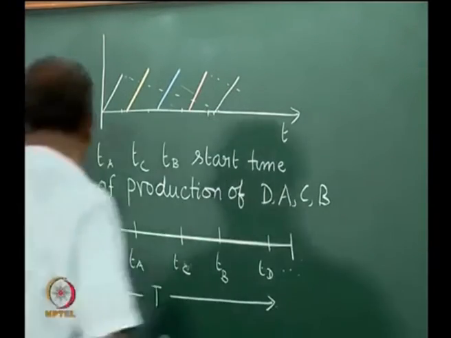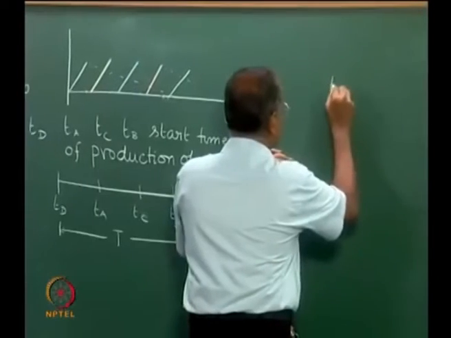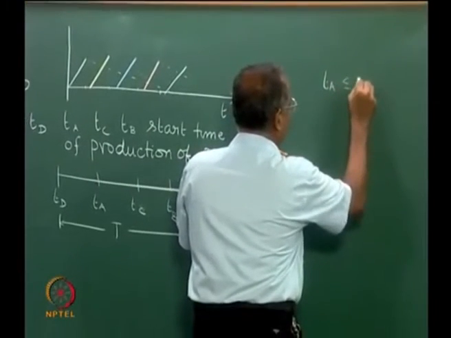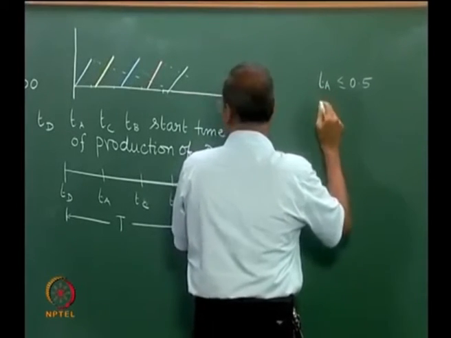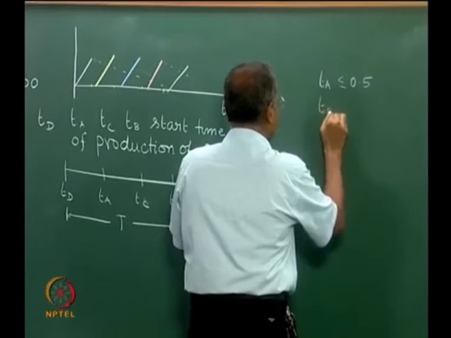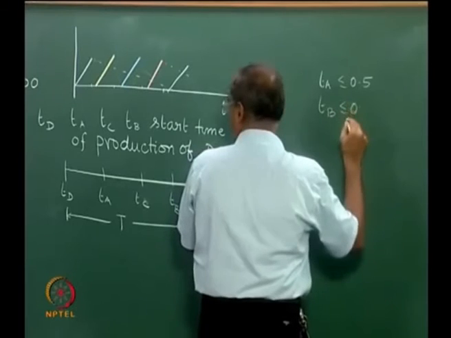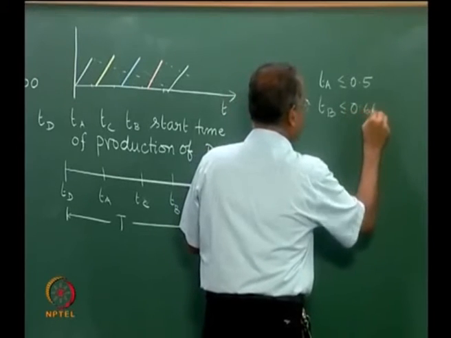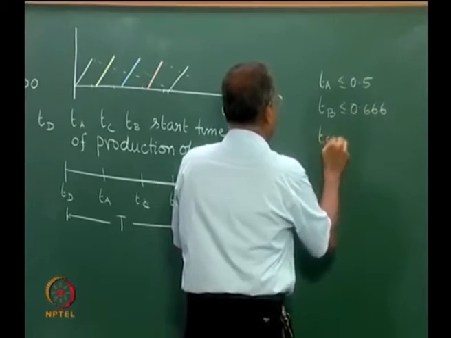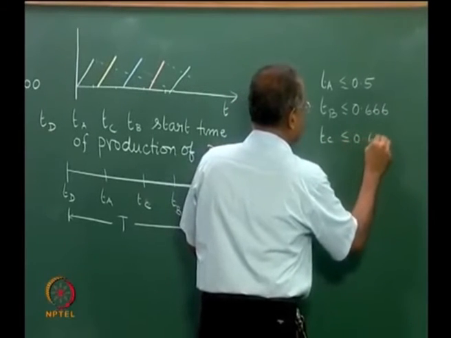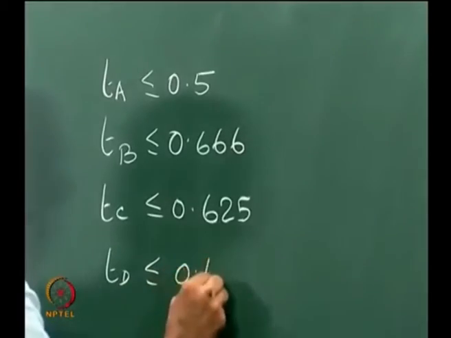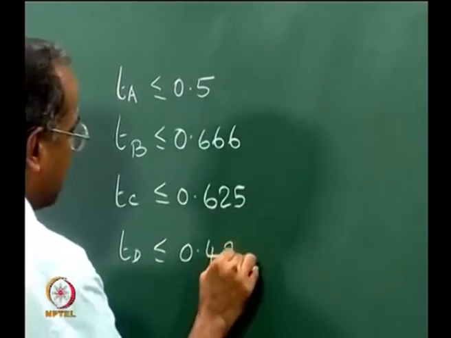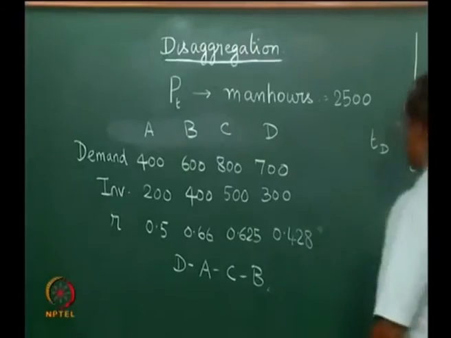So, the first constraint will be Ta is less than 0.5, Tb is less than 0.66, Tc is less than 0.625 and Td is less than 0.428.